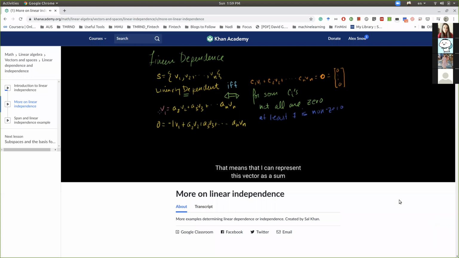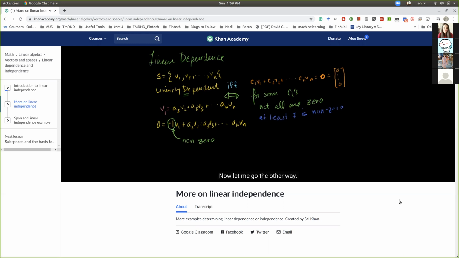That means that I can represent this vector as a sum of the other vectors, which means that minus 1 times V1 plus some combination of the other vectors is equal to 0, which means that I've been able to satisfy this equation, and at least one of my constants is non-zero. So I've shown you that if I can represent one of the vectors by a sum of the other ones, then this condition is definitely going to be true.